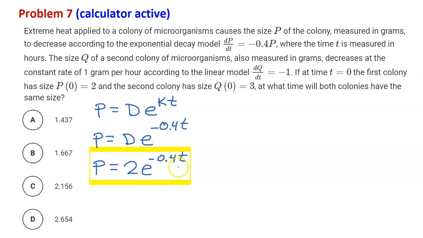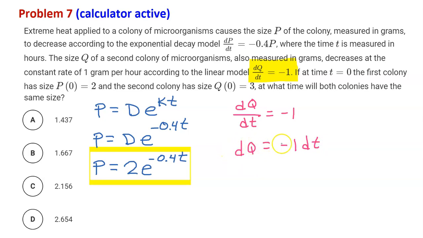Now let's see if we can come up with an equation for the size of colony Q as a function of time. We are given that dQ/dt is equal to negative 1. Let's multiply both sides of the equation by dt. That gives us dQ is equal to negative 1 dt.